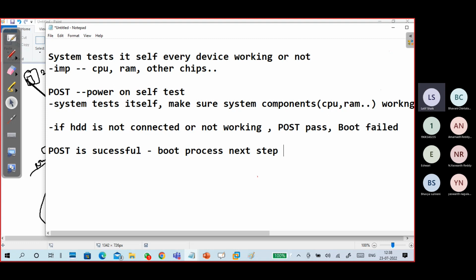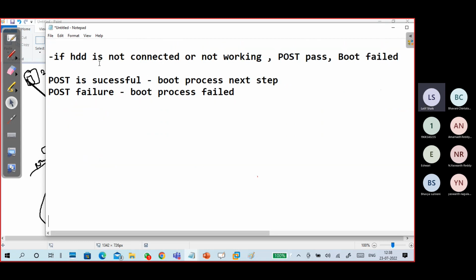Okay, if post failure, again, post is failed, boot process failed. What to do? You have to troubleshoot. So if post is successful, next step is going to be there.